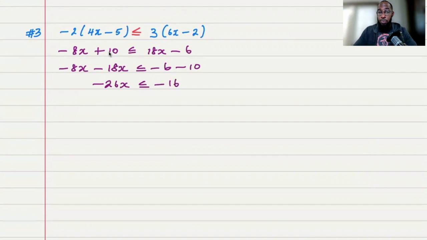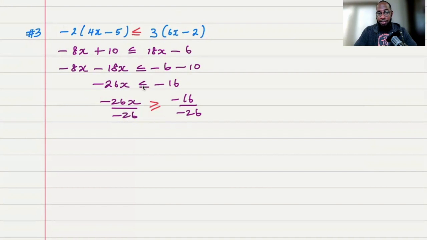So here we are going to divide by a negative number. We have to remember, change the direction of the inequality sign. So we have negative 26x over negative 26. Change the direction of the inequality sign. Negative 16 over negative 26. Whatever number is in front of x, the coefficient of x, we have to divide both sides by it. And if it's negative, we change the direction of the inequality sign.